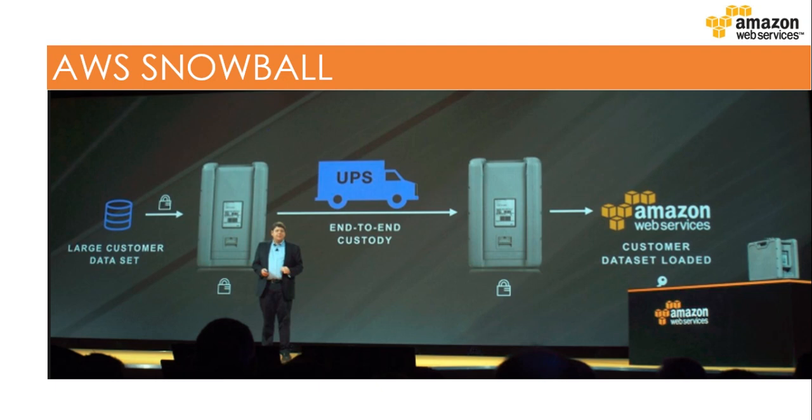After that, you put your data on it, in a secure block, and then deliver it. Once it reaches AWS, they will put the data into an S3 bucket, which will be your AWS S3 bucket. After that, you'll be able to retrieve your data, whatever you want, you can do it.